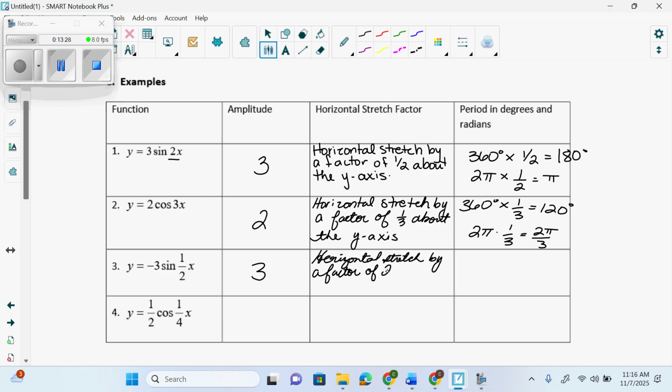Of 2. About the what? Y-axis. 360 times 2 is what? 720. 2 pi times 2 equals 4 pi.